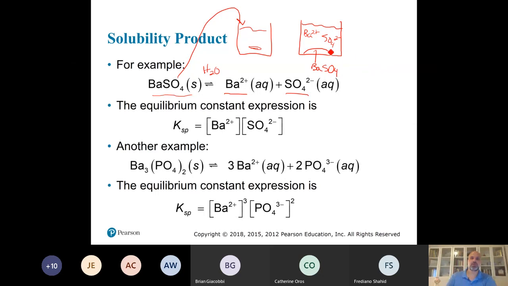And what we want to know is how much of the barium ions and sulfate ions are formed. Then we have to look at the equilibrium constant expression.